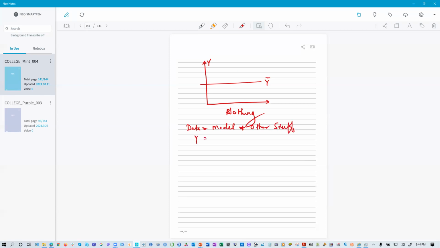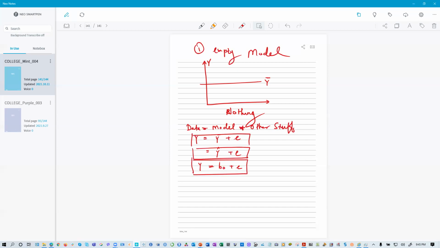Data is Y, model is Y bar, plus error. Sometimes Y bar is denoted by Y hat plus e, same thing, or B naught plus e. We had only B naught in the empty model. Y bar is nothing but the grand mean of Y.